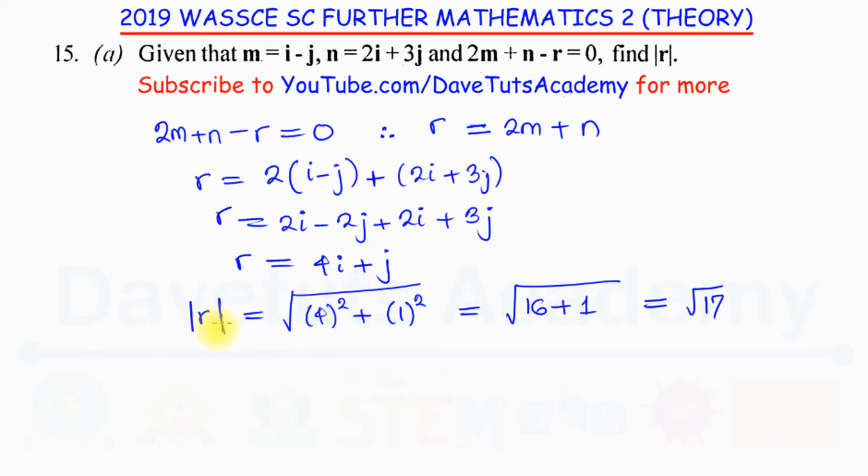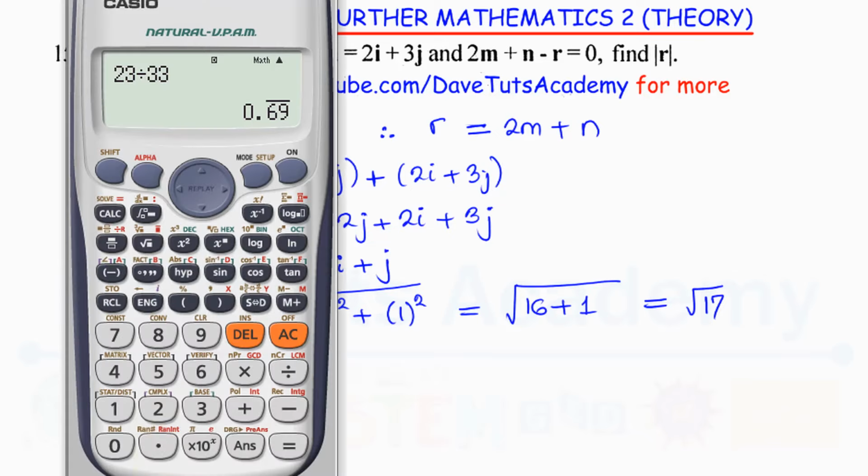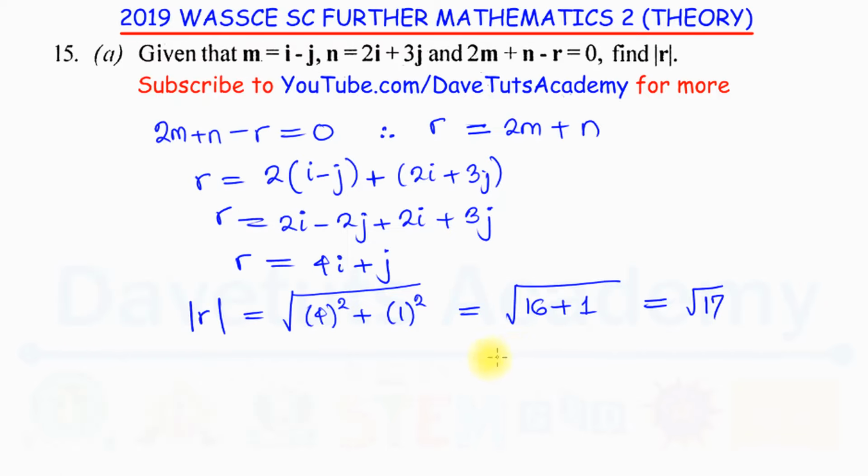You can leave your answer like this, or use your calculator to find root 17, which is 4.1231. With that you've been able to answer this question on vector algebra.